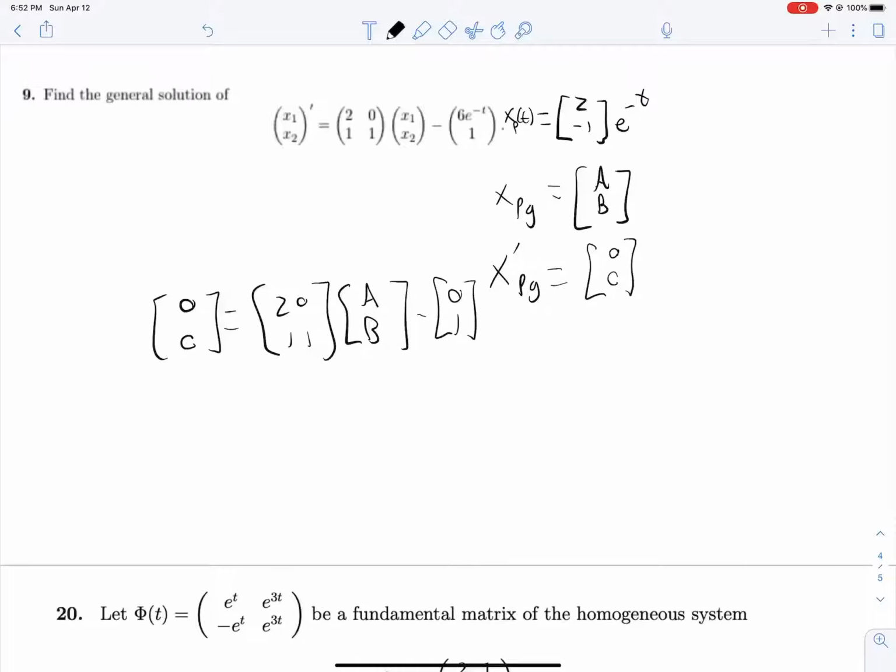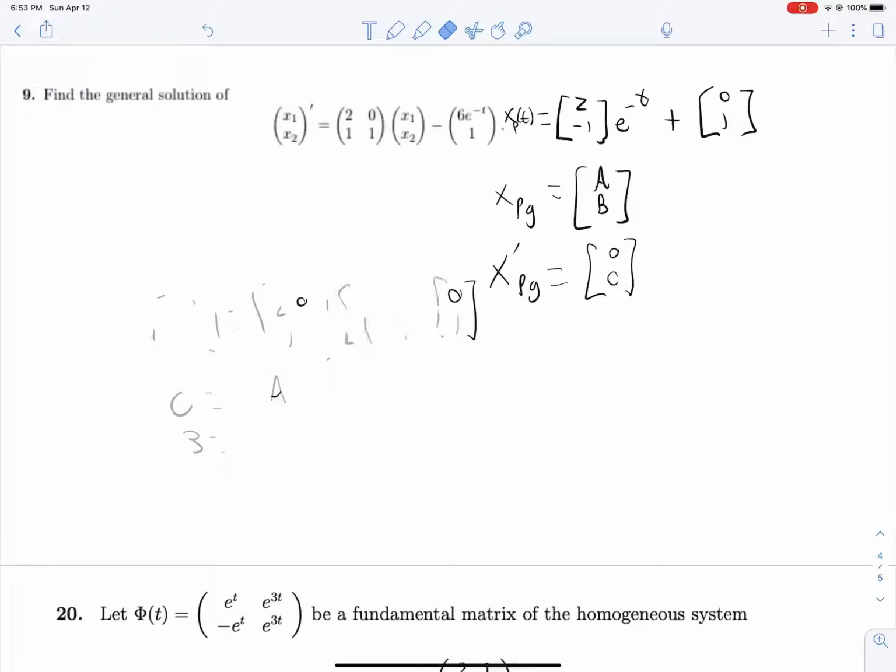Then solving this, we see that 0 is equal to 2a, and that 0 is equal to a plus b minus 1. So since a is equal to 0 and b is equal to 1, we can go up here and replace those. So we have plus 0, 1, like so.